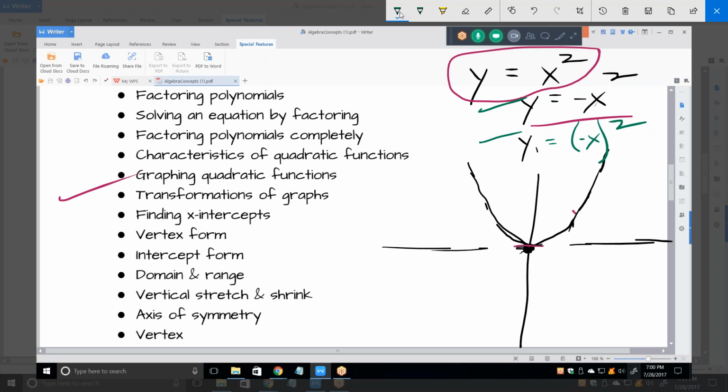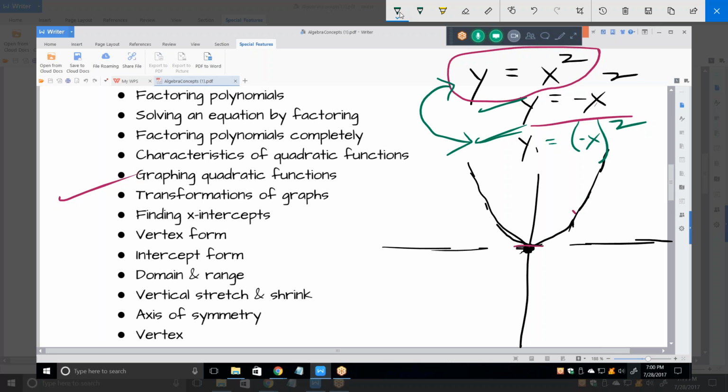In other words, you would have -2 squared. -2 times -2 is +4. So this second function is different than the first function, but it looks exactly the same. You can't really tell the difference between those two functions.